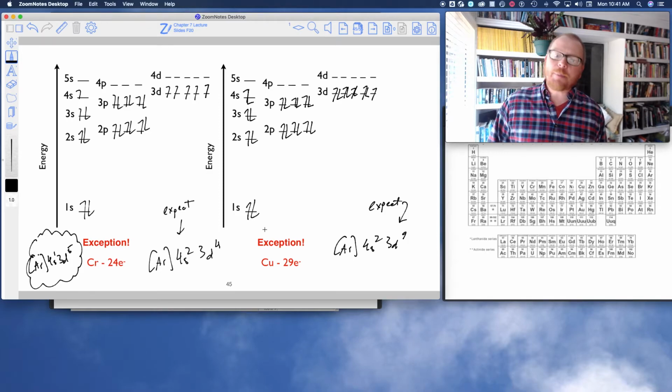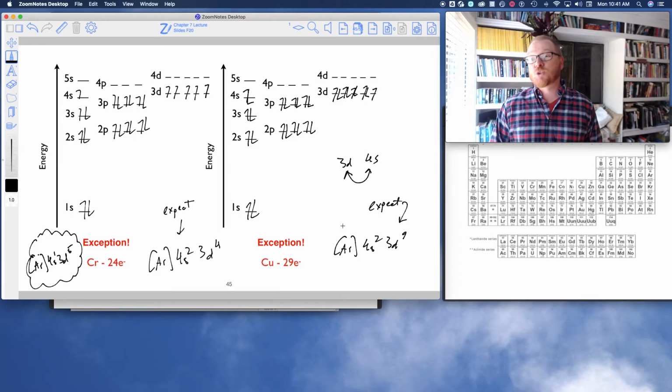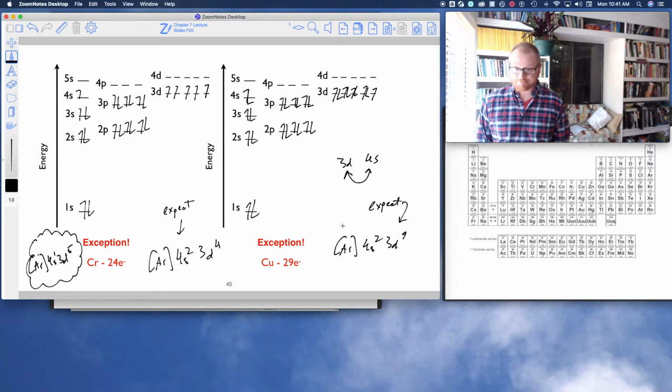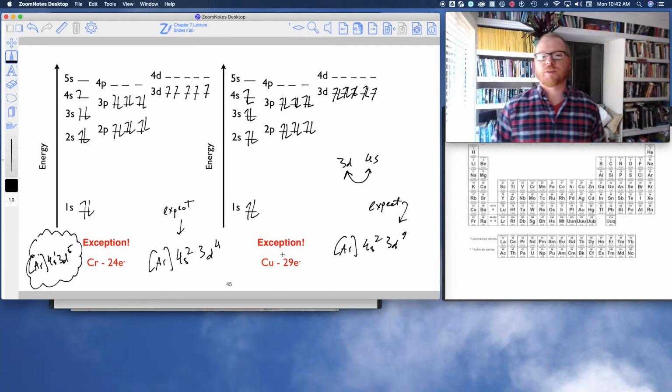And what ends up happening with this particular orbital, with copper, okay, as it turns out, the 3d and the 4s energy levels end up switching in energy. And they end up switching in energy because this becomes very stable with the fully populated shell, okay?